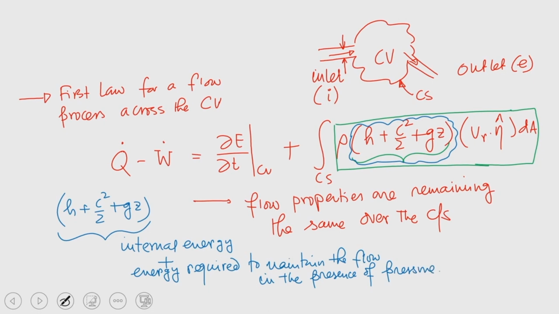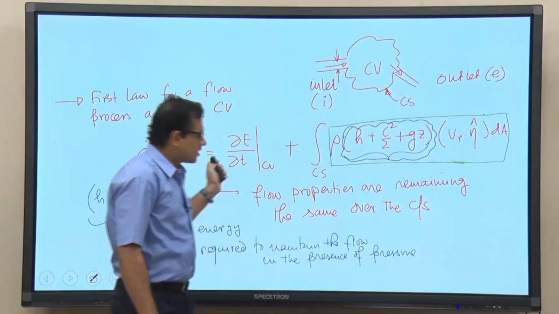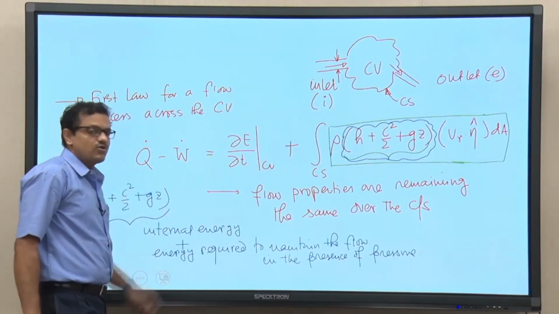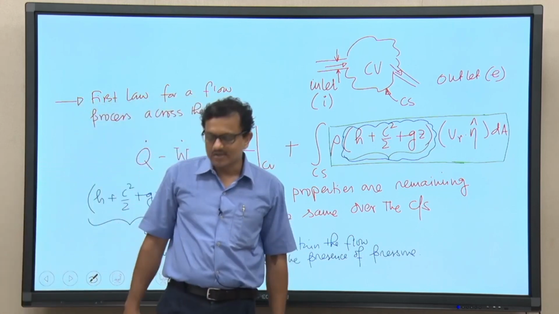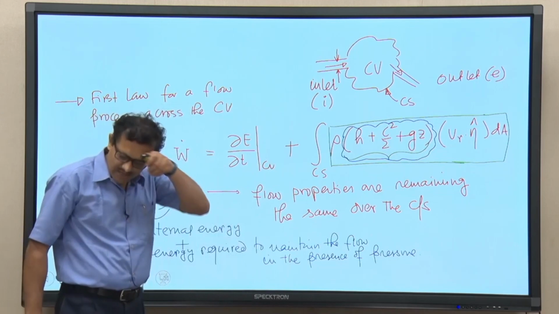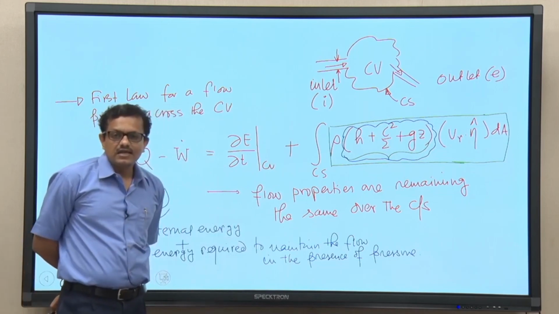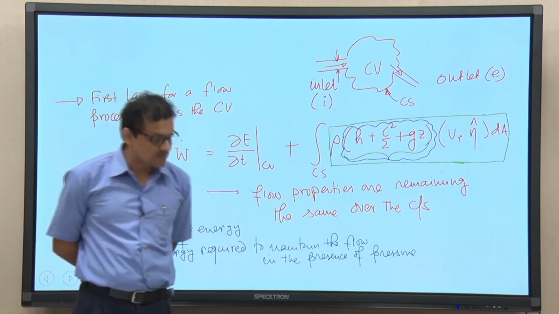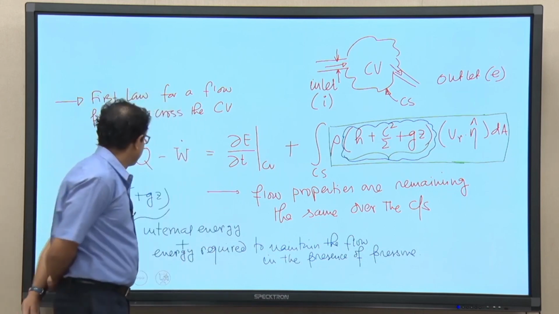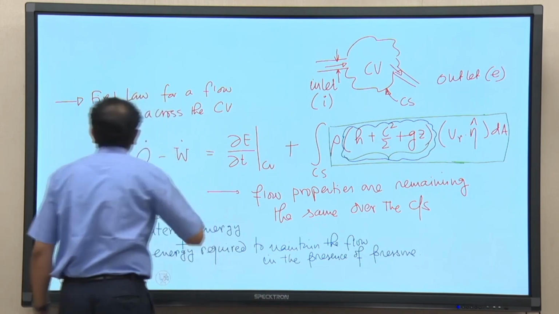Just as we have recapitulated what we discussed in the last class, starting from this equation we will derive the equation for a special process, and that special process is the steady state steady flow process. If the process is steady state steady flow, what will be the form of this equation?